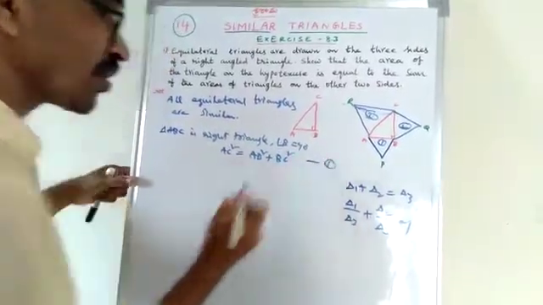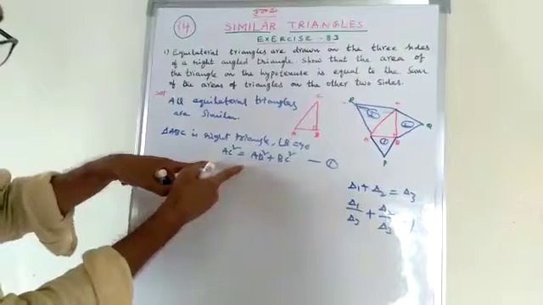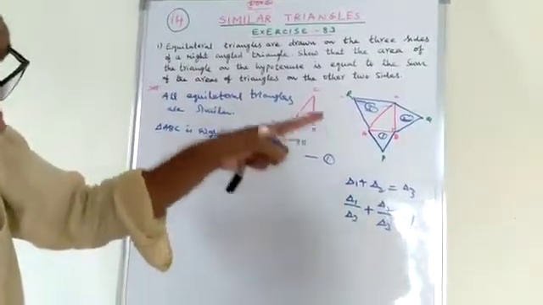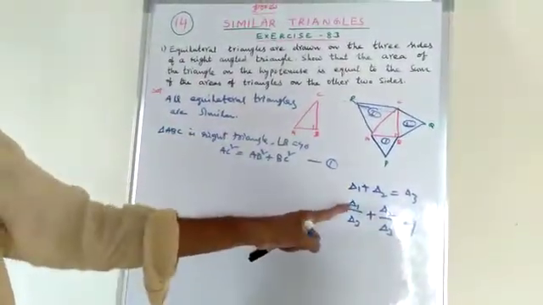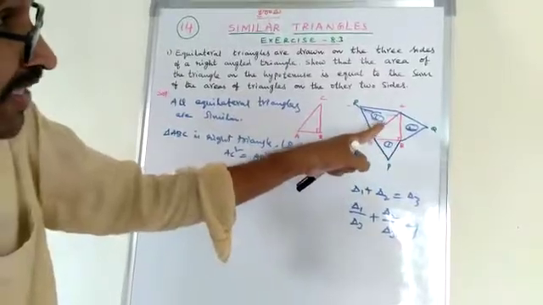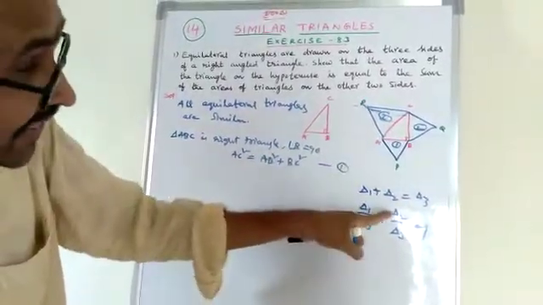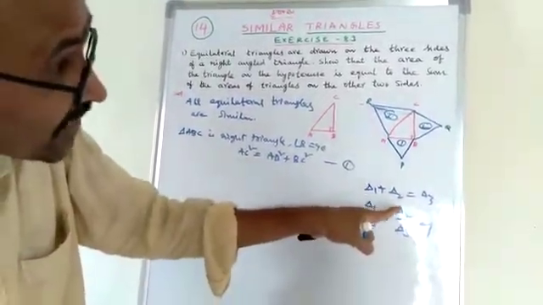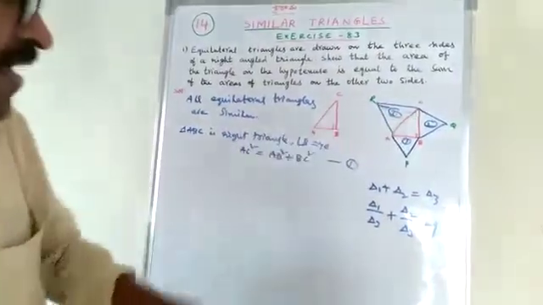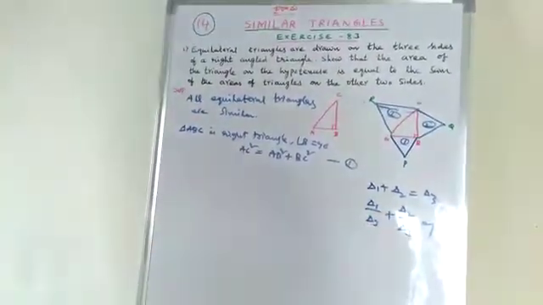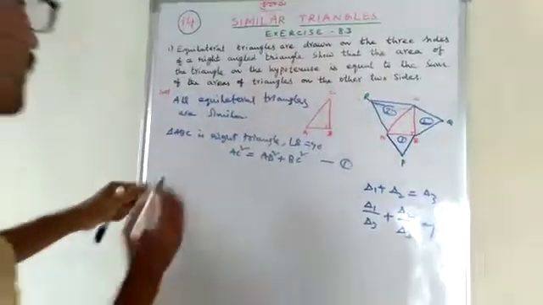So using this, we find triangle 1 by triangle 3, the area of the triangle on AB by the area of the triangle on AC, and triangle 2 by triangle 3, the area of the triangle on BC by the area of the triangle on AC.